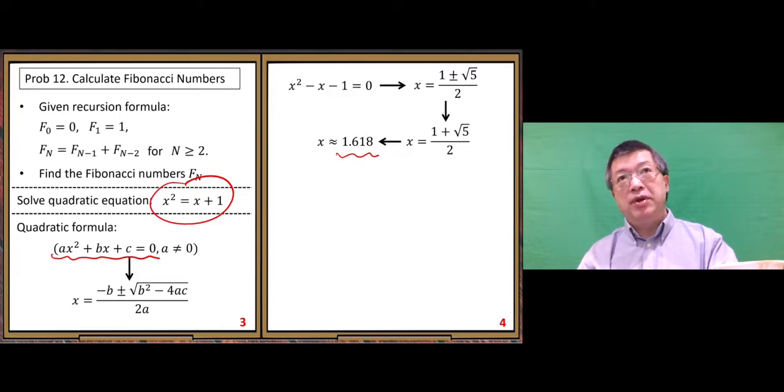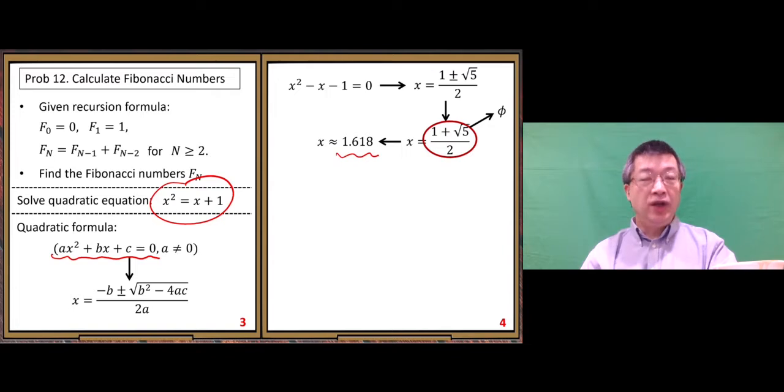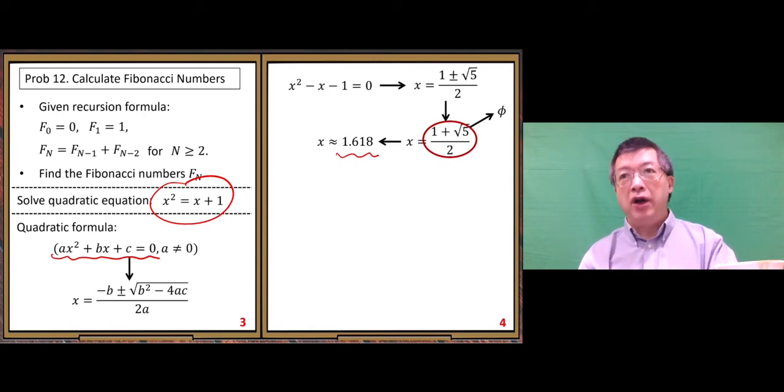But this number is very important, so we use a new symbol to represent this number, phi, the Greek letter phi, to represent this special number. People call it the golden ratio. So this is the famous golden ratio number.